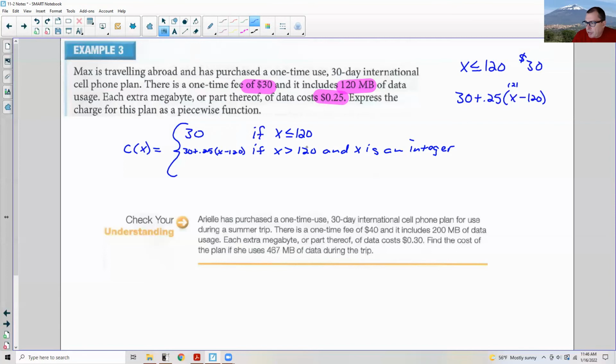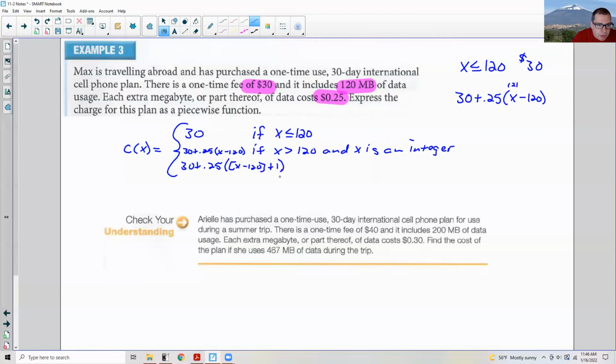But then we could have partial megabytes. And if that's the case, then we're going to add a megabyte after we get beyond that. So it's going to be 30 plus 0.25 times, there's going to be two components in this. We're going to put the bracket inside as our X minus 120. So that's our megabytes over. And then we're going to have a +1 here.